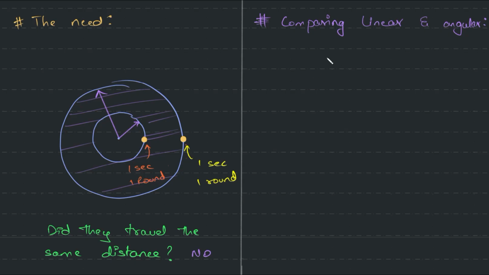So linear velocity has to do with your displacement by time, right? While your angular velocity has to do with angle by time.